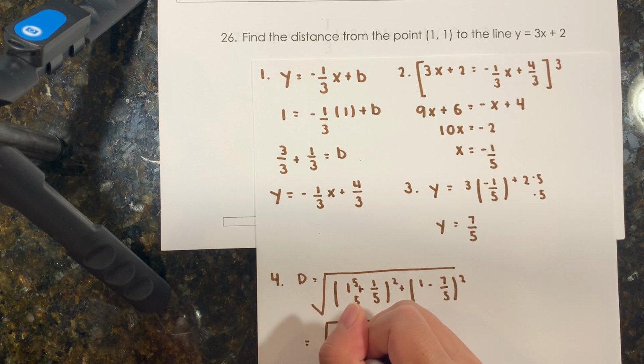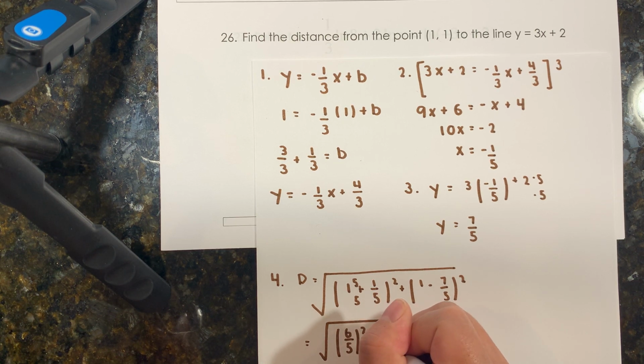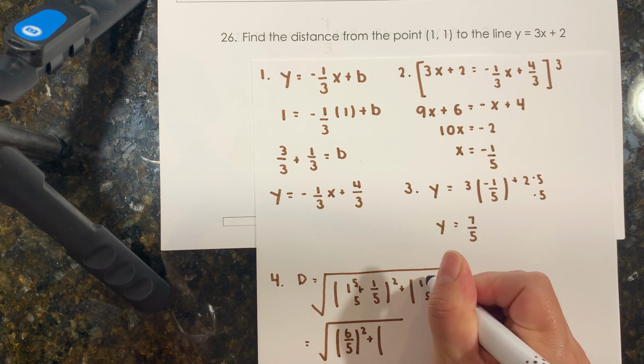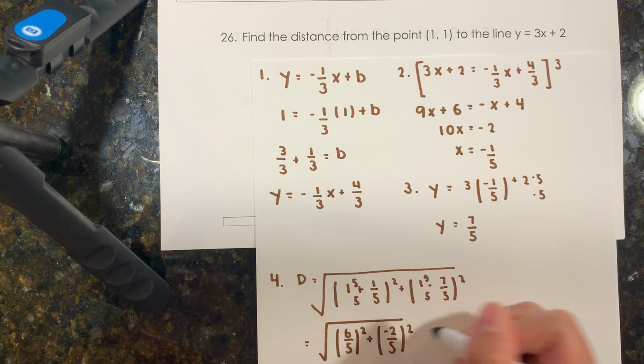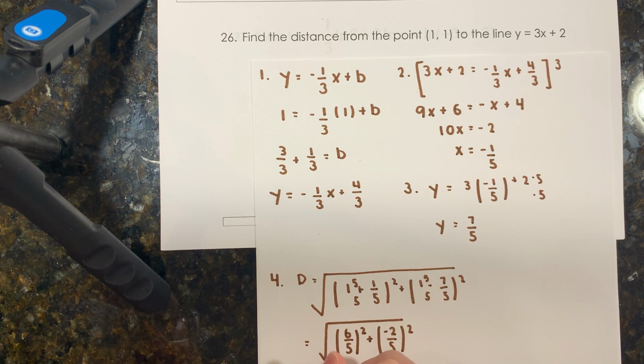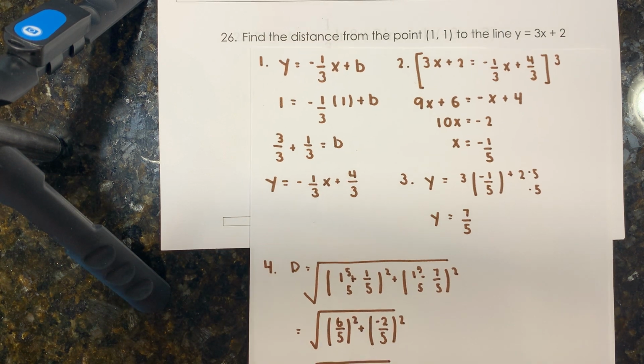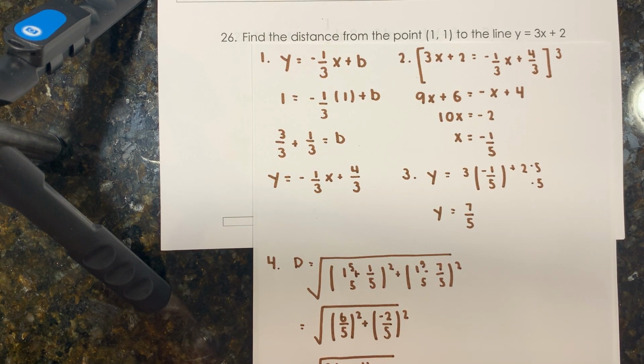So that's going to turn into 6/5 squared plus -2/5 squared. Which would be 36 plus 4 over 25, which would be the square root of 40 over 25.